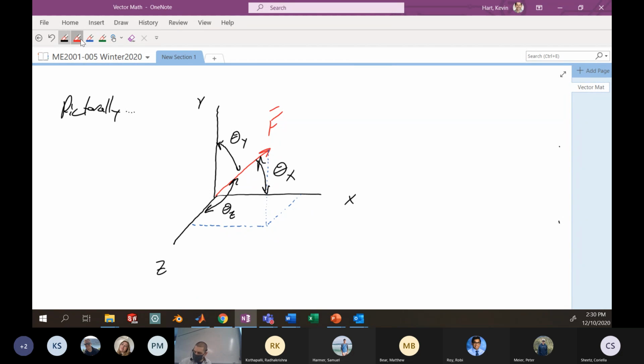So then the individual components that make up this guy, if we wanted to resolve into this 3-dimensional vector, remember this is F z, this is F y, and this guy here is F x.